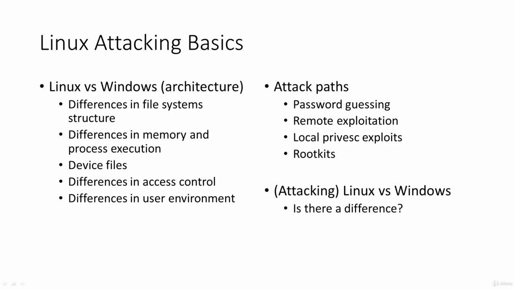Okay, and even if you don't want to run a honeypot, you most probably can see a lot of different login attempts into your SSH server and your access logs in any machine that is running on the internet on Linux. Okay, so what's the actual difference of attacking Linux and Windows?